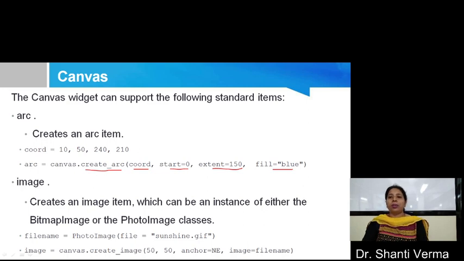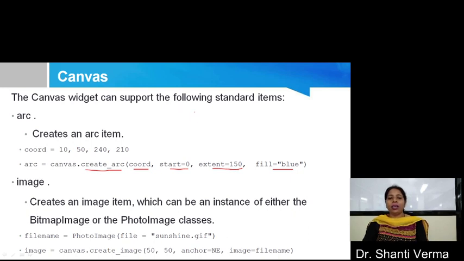The second standard item is an image. Basically, you can create an image item which can be an instance of either the BitmapImage or the PhotoImage classes. To create a photo image, you can use the PhotoImage method, in which you can pass the file name.